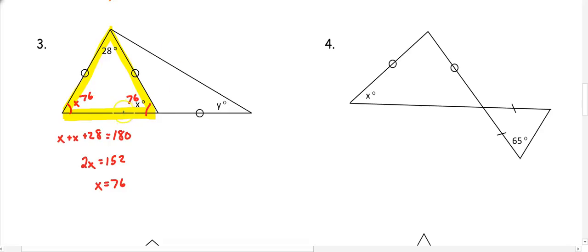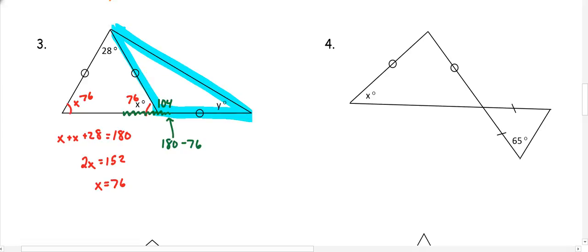Now remember, when we form a straight line, it measures to 180 degrees. So 180 minus 76 is going to get us a measure of 104. And now if I move to my other triangle, I again have an isosceles triangle.